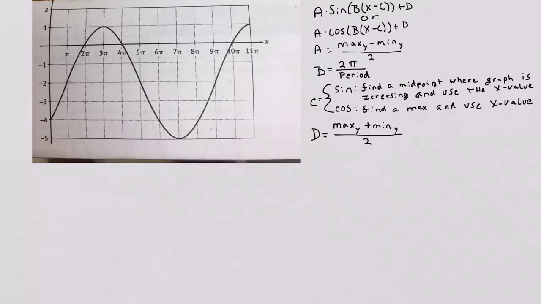So let's do that for this graph over here. Well, we can see here, my maximum occurs at 1, and my minimum occurs at -5.